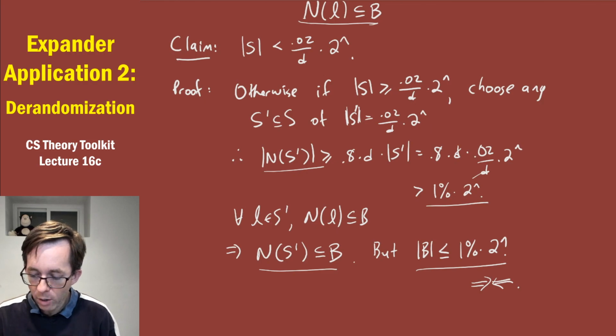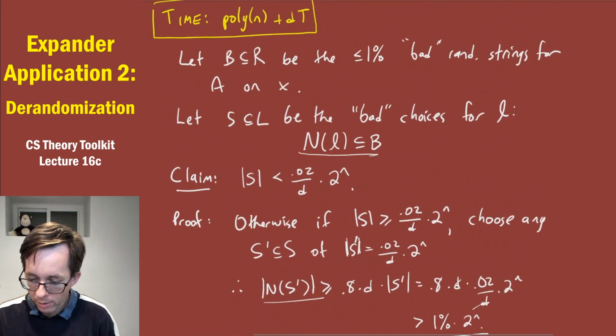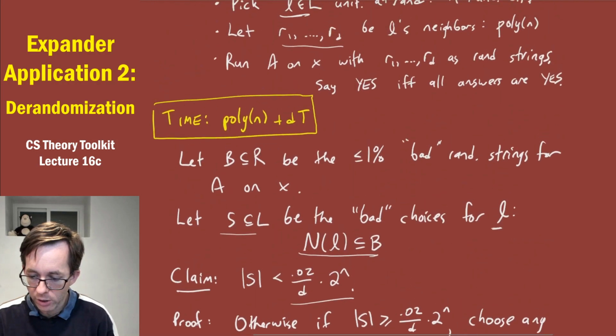Okay, so now what do we finally conclude from this? Well, it's that this set S of bad initial choices little l is quite small. It's at most a 0.02 over D fraction of all initial l.